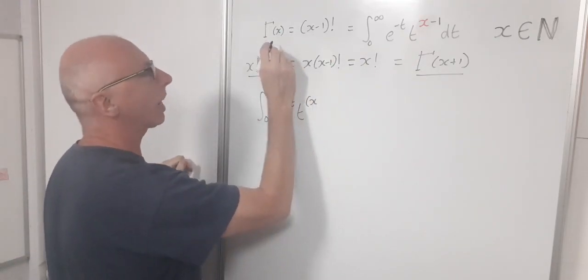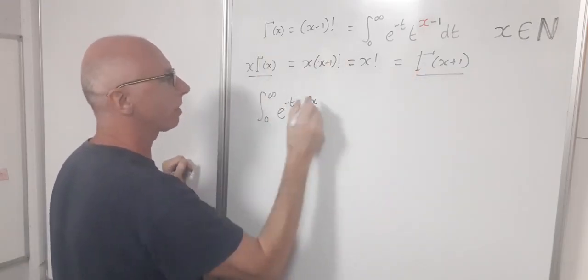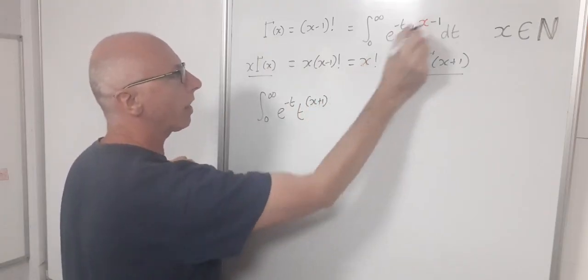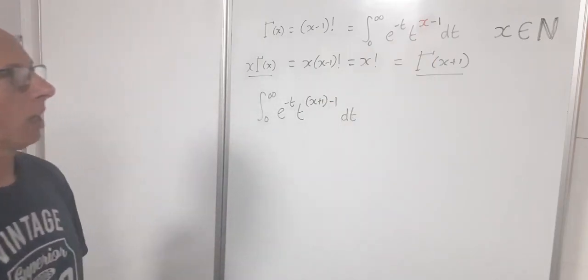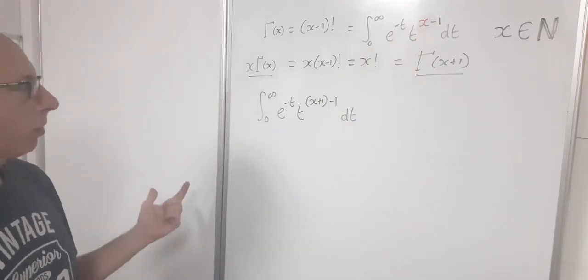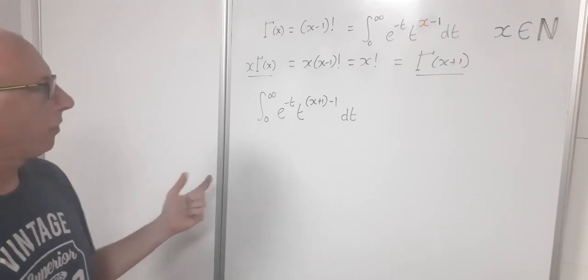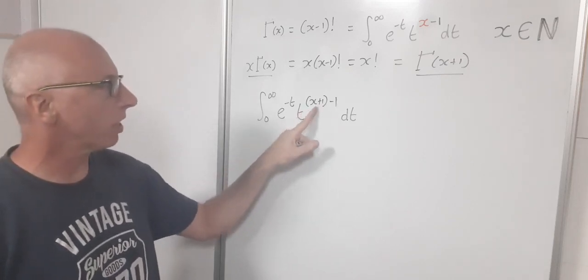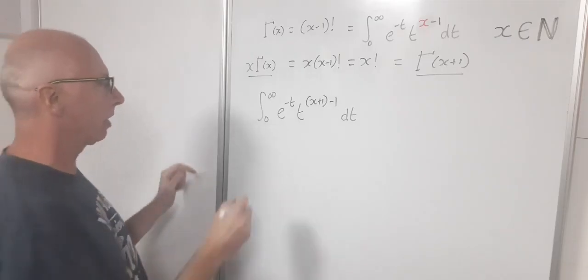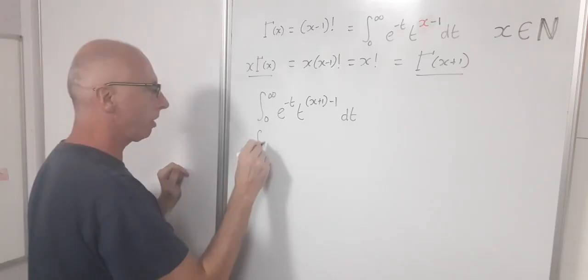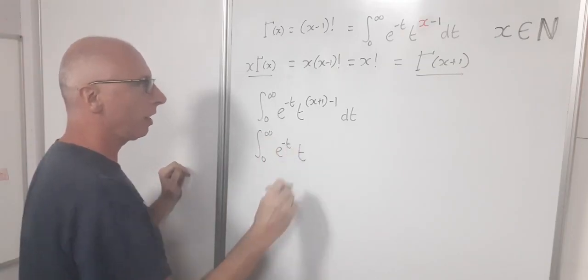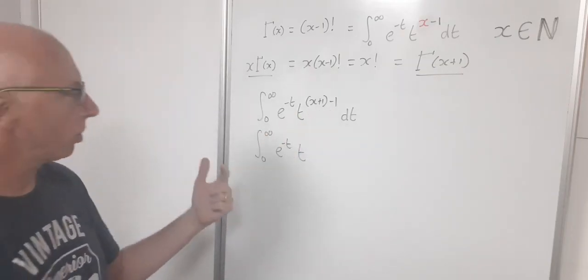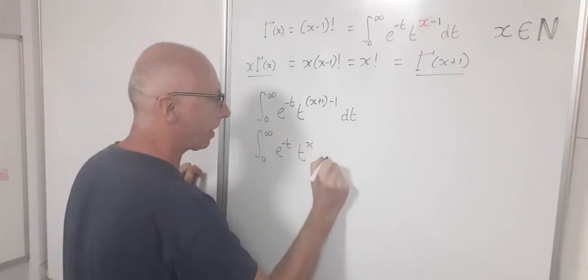So here I want x plus 1 to make this. So I want x plus 1 and then minus 1 and then dt. Okay, now need to integrate this. Well, first of all, what I can do is I can just simplify this off a little bit. So rewrite the integral from 0 to infinity, e to the minus t, and t, well, x plus 1 minus 1 is just x. And then that's dt.